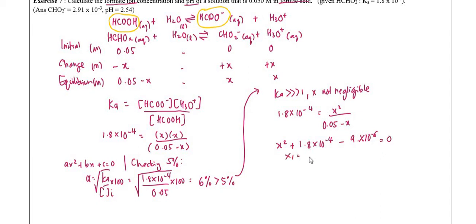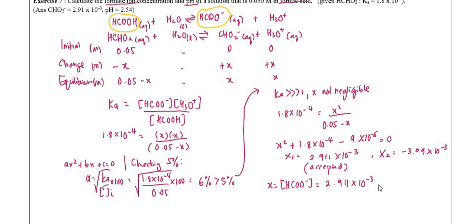Equals 9 exponent negative 6 equals 0. You press the calculator, and you will get the answers for X1 and X2, negative 3.09 exponent negative 3. As usual, common sense, the value of X is always positive. So X equals the concentration of formed ion, which is 2.911 exponent negative 3, include the unit. Okay, pH.